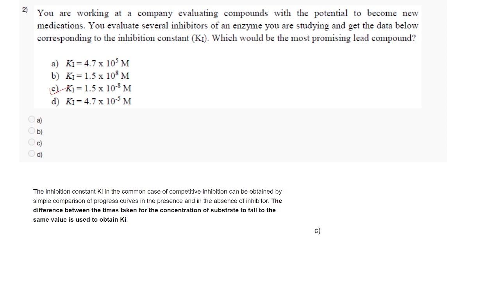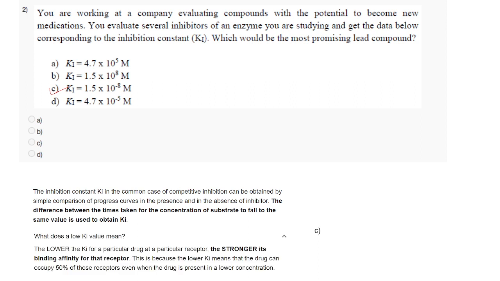The inhibition constant Ki, in the common case of competitive inhibition, can be obtained by simple comparison of progress curves in the presence and absence of inhibitor. The difference between times taken for the concentration of substrate to fall to the same value is used to obtain Ki. The lower the Ki of a particular drug at a particular receptor, the stronger its binding affinity for that receptor.